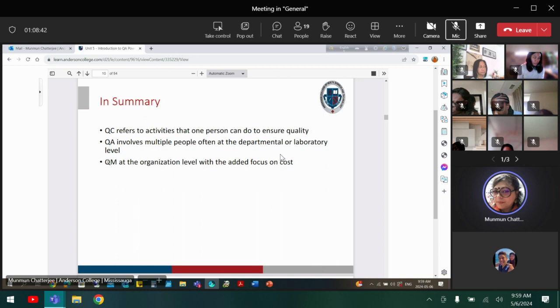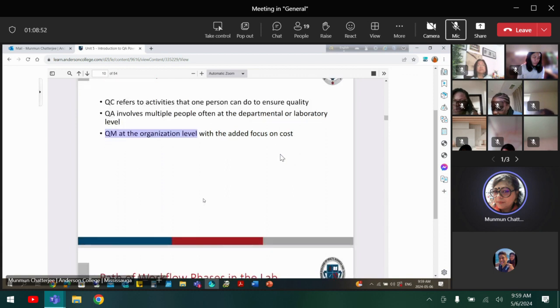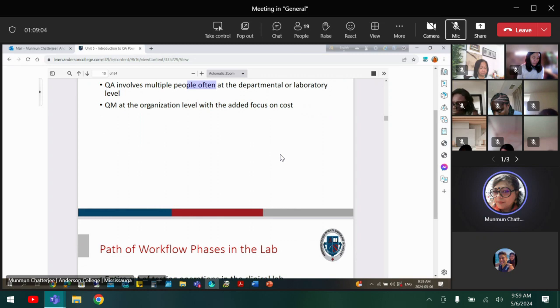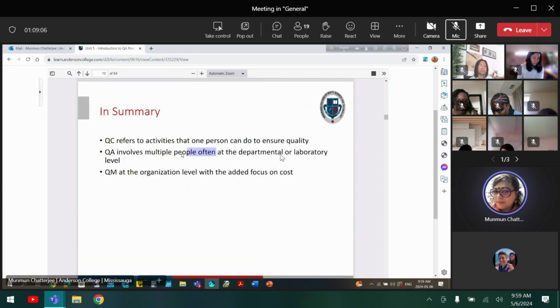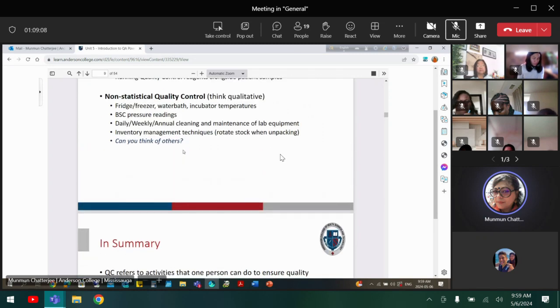And quality management is the organizational level, any hospital or lab. So one is at the personal level, one is at the department level, and quality management is the organizational level. And these are the three.